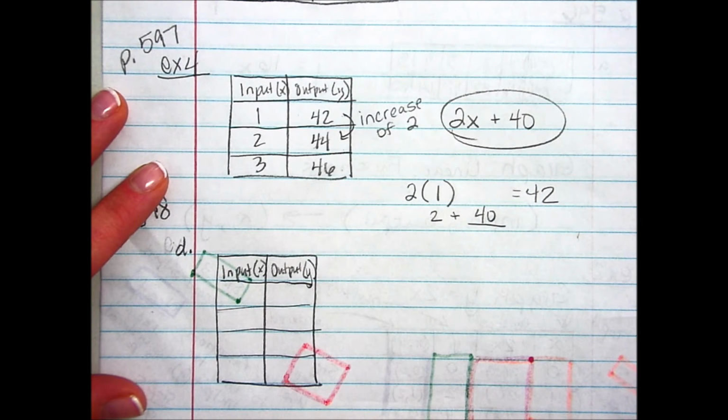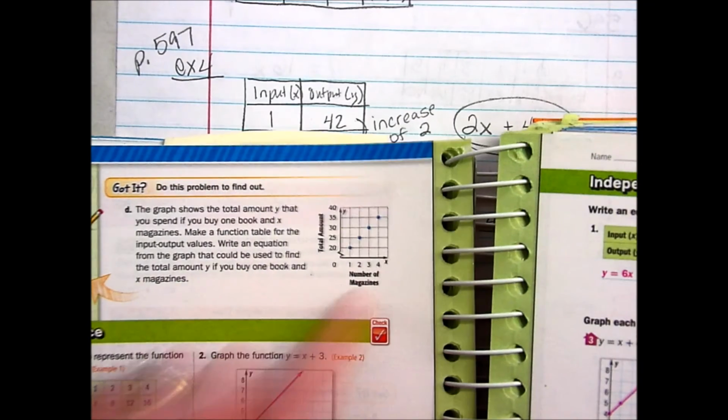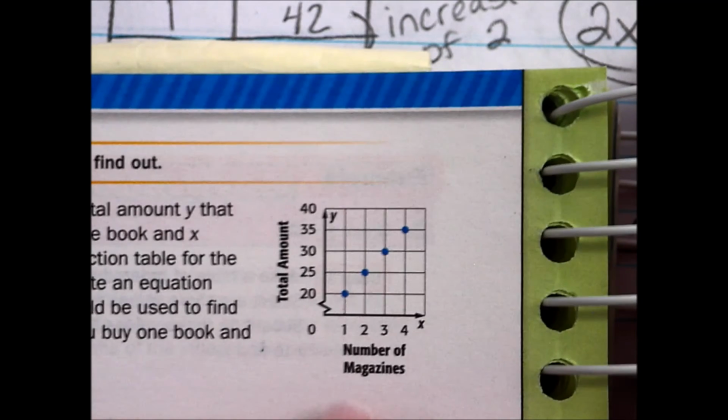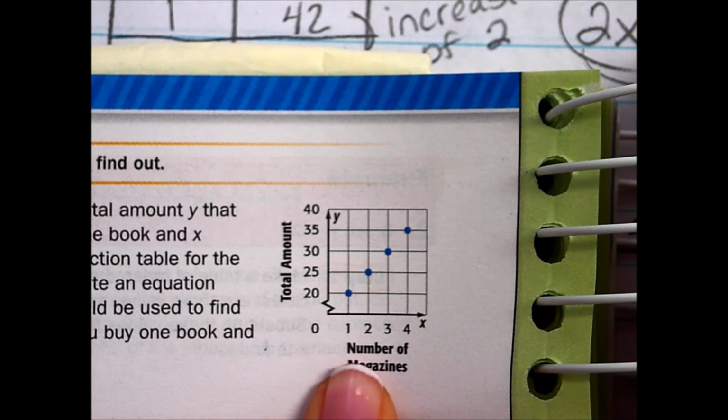All right, so we're going to look at the graph in the book. I'm going to put it on the overhead so I don't have to draw it. And if you're at home rewatching the video, you can pause it to look at it if you need to, if you don't have your book. So we're going to look at this graph to find the ordered pairs.